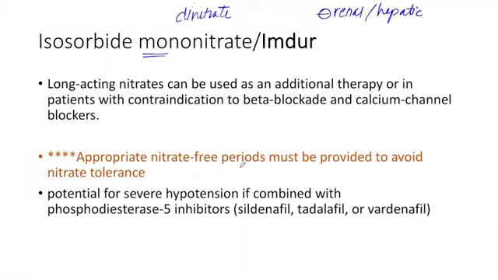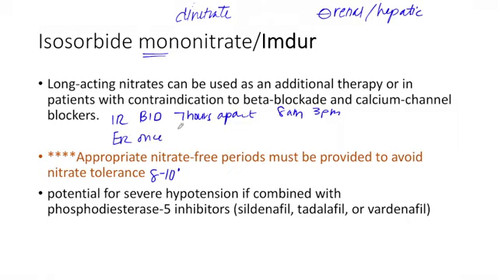Nitrate-free periods must be provided, and basically 8 to 10 hours is what they were seeing that you should be nitrate-free. So the dosing is that it's recommended for the IR to be BID, 7 hours apart, at 8 a.m. and 3 p.m., something like that. The extended release is only once daily, and you take that once in the morning.